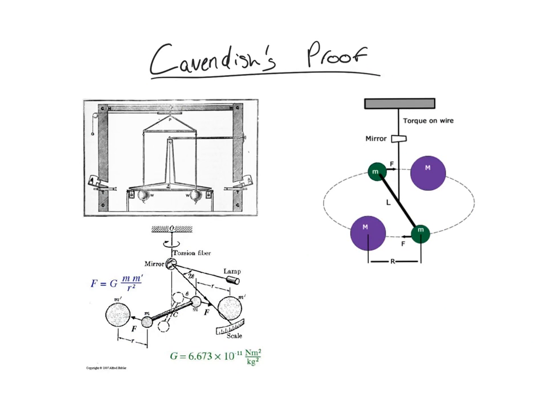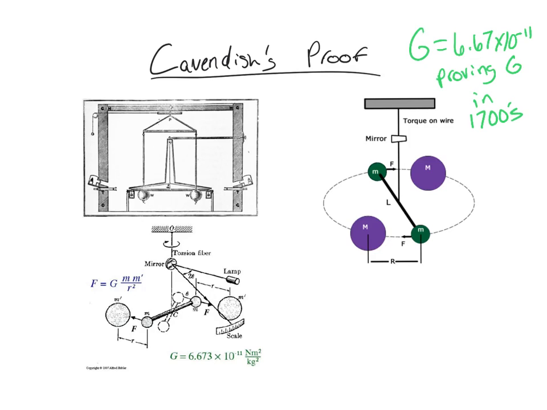Okay, so Cavendish was a man that did an experiment to determine what G was. So G, if you'll remember, was 6.67 times 10 to the negative 11th, and Cavendish was proving what this actual number was, and he did it in like the 1700s. It was really, really early on.